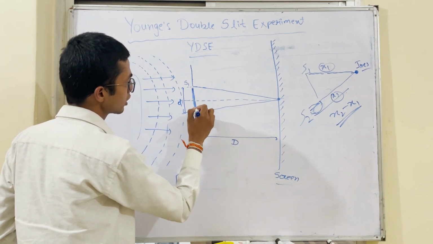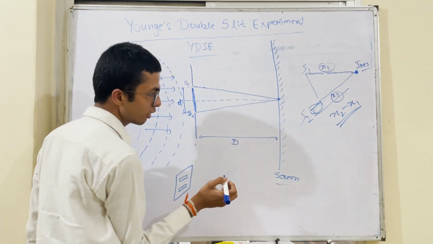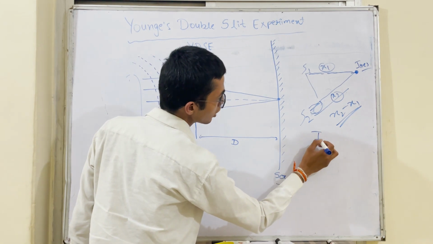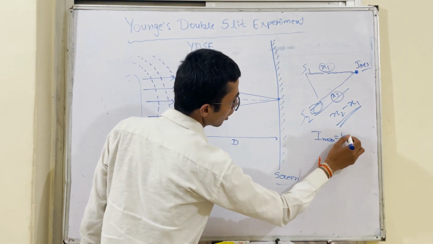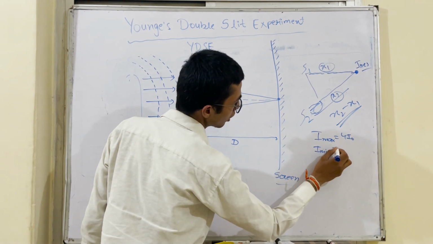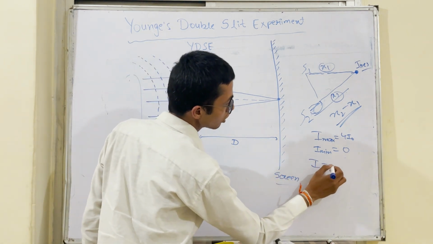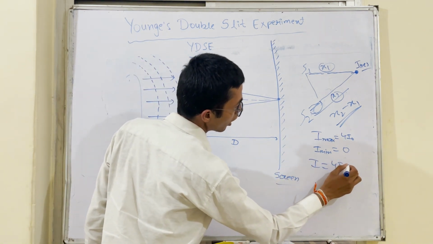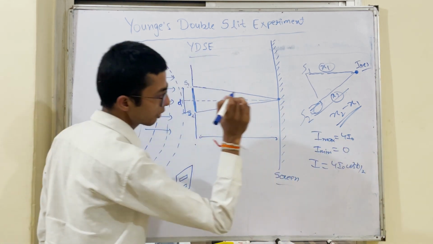So here we have seen that I max equals 4 I naught and I min equals 0. From where did it come? I equals 4 I naught cos square pi by 2.